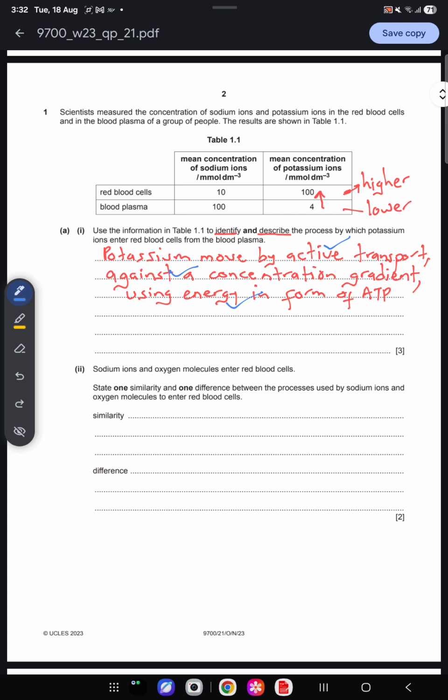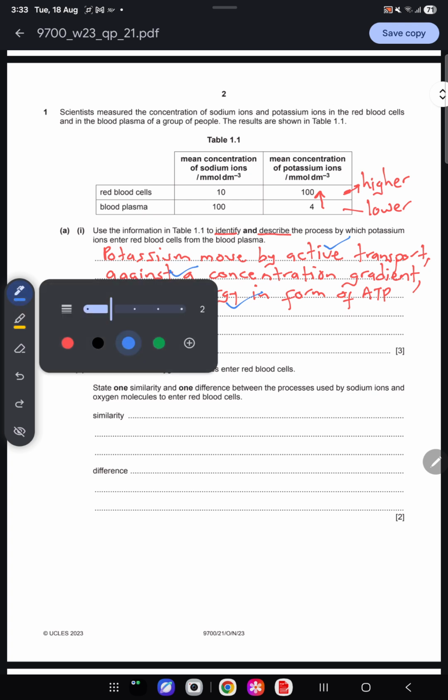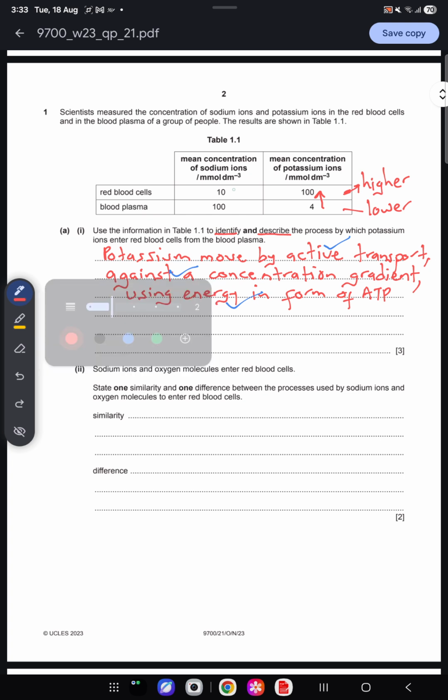Sodium ions and oxygen molecules enter red blood cells. State one similarity and one difference between the processes used by sodium ions and oxygen molecules to enter red blood cells. If you look at the table, it shows us that sodium ions are in a low concentration inside the red blood cell.